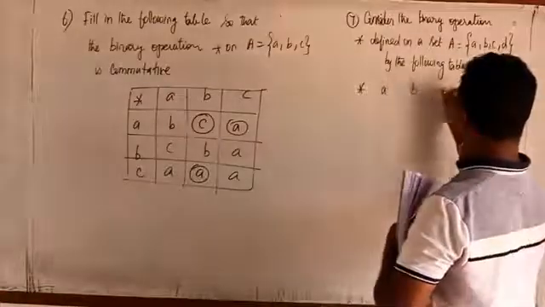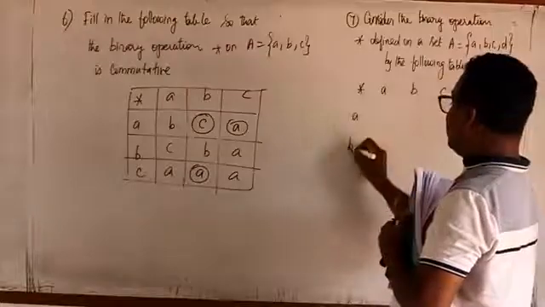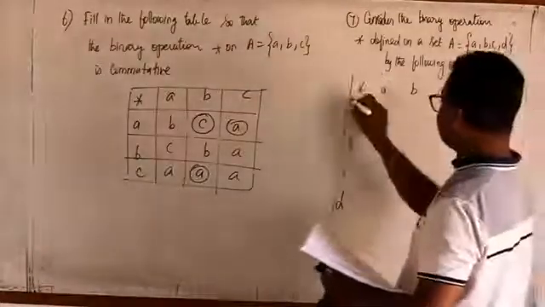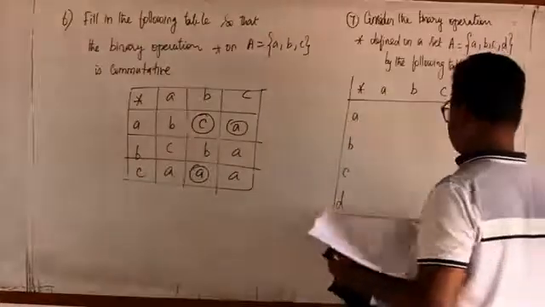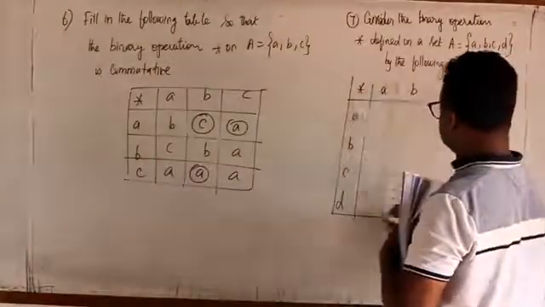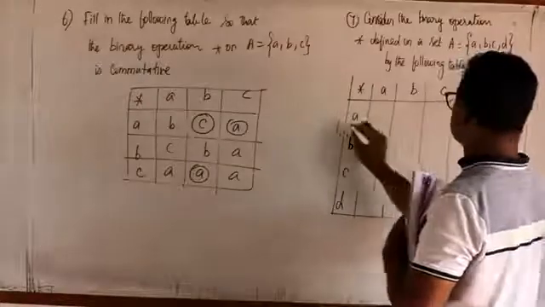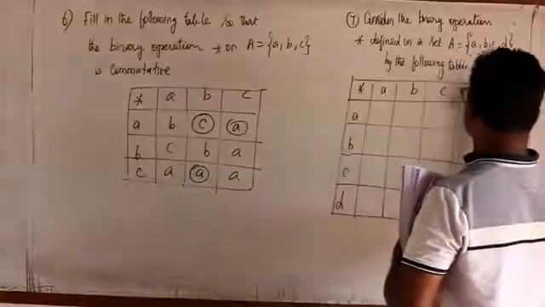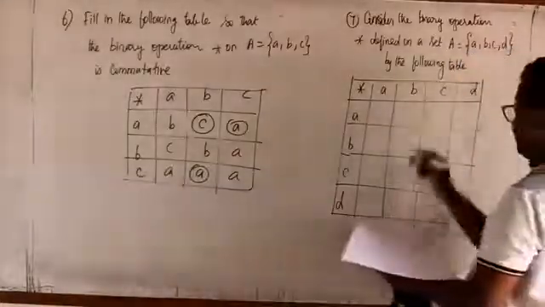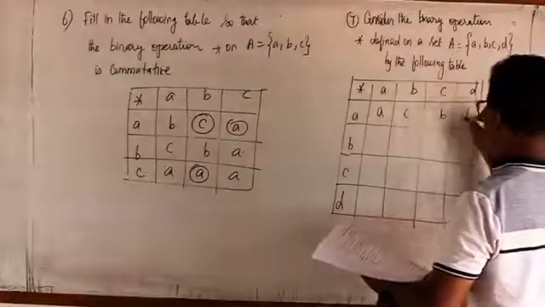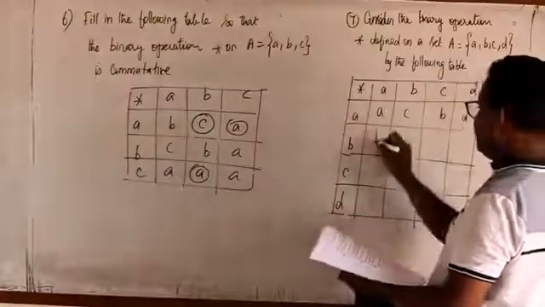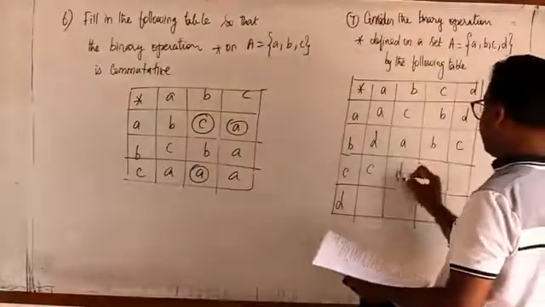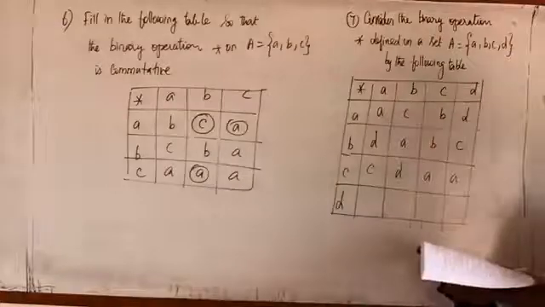Star A, B, C, D. A, B, C, D. So this is A, C, B, D. D, A, B, C. C, D, A, D, B, A, C.